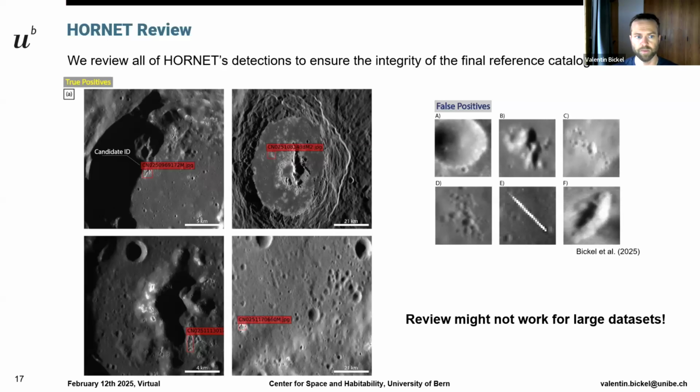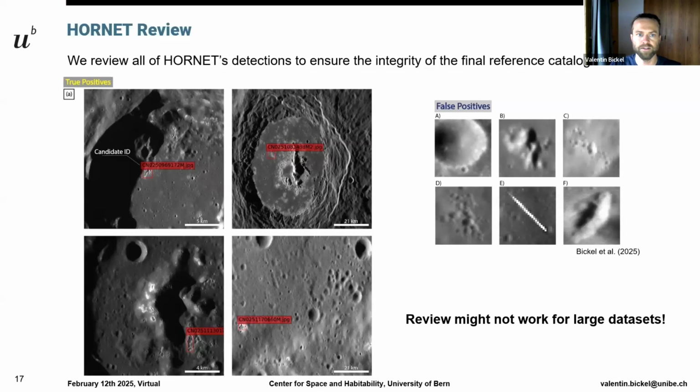And that sounds tedious, but once you get used to it, it's just a fraction of a second that you need to go through one candidate, and you can blast through tens of thousands of detections real quick. It's a couple of hours basically. But it really helps you to kick out all the bad detections. And that, of course, helps to build trust in the data set at the end.